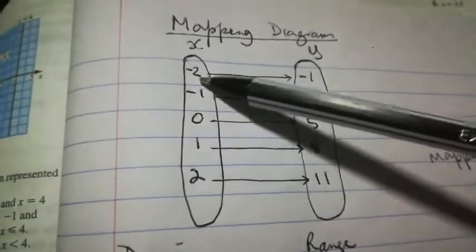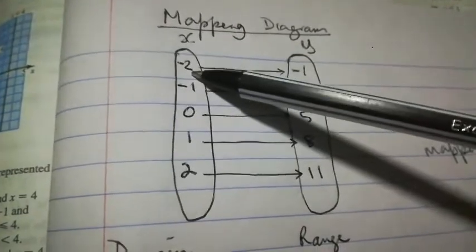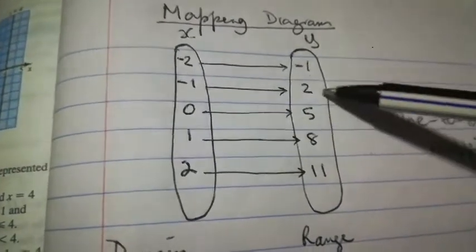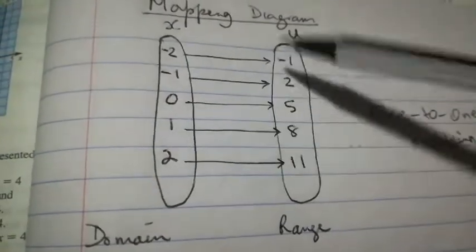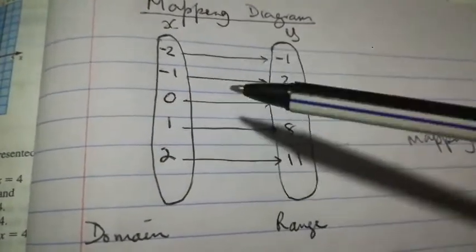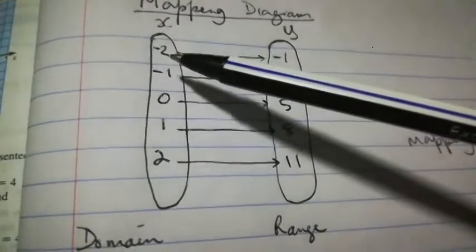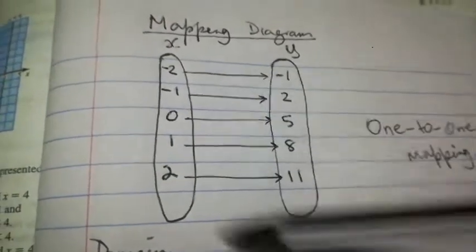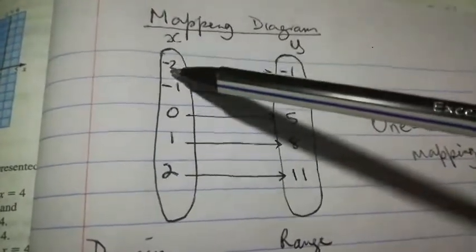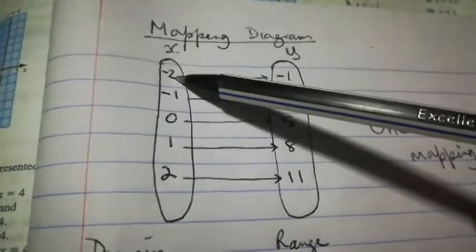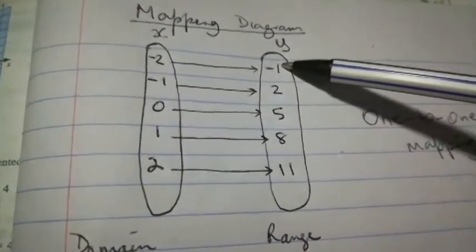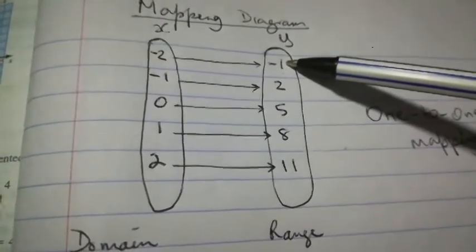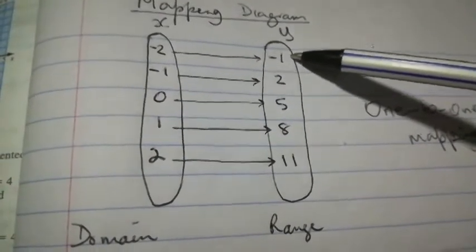Why? If, for example, -2 was mapped onto another number in the range, then this would not qualify to be called a function. For this mapping to be a function, only one value of x can be mapped onto one element in the range, right?